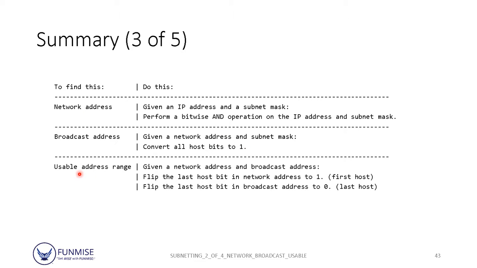To find the usable address range, given a network address and a broadcast address, you would flip the last host bit in the network address to 1 to give you the first host, and you flip the last host bit in the broadcast address to 0 to give you the last host.